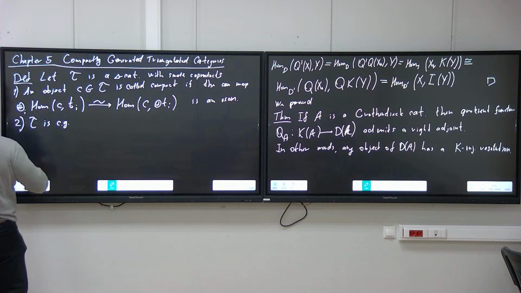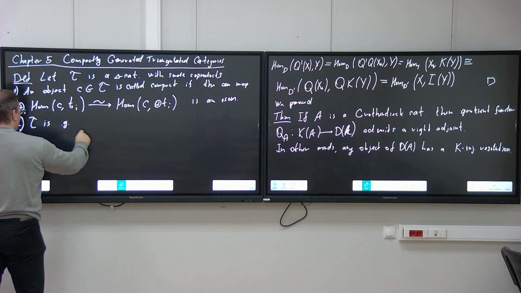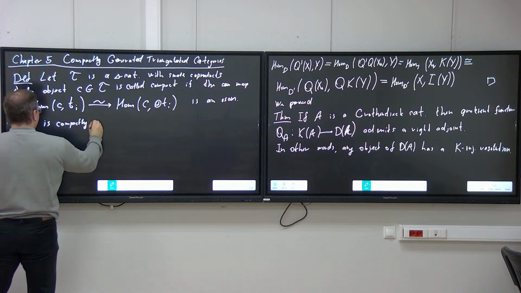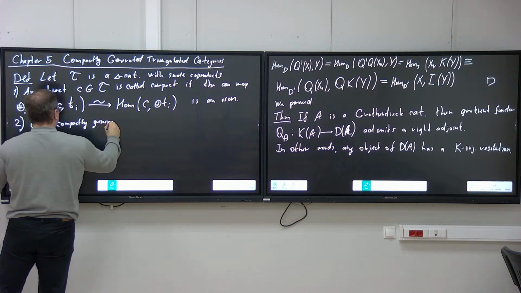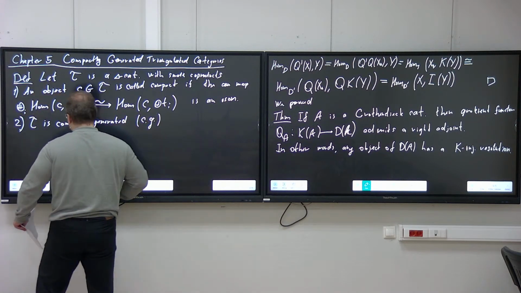So two: the category T is compactly generated. Maybe I'll write this in words. Generated, for shortness I'm going to write just CG.